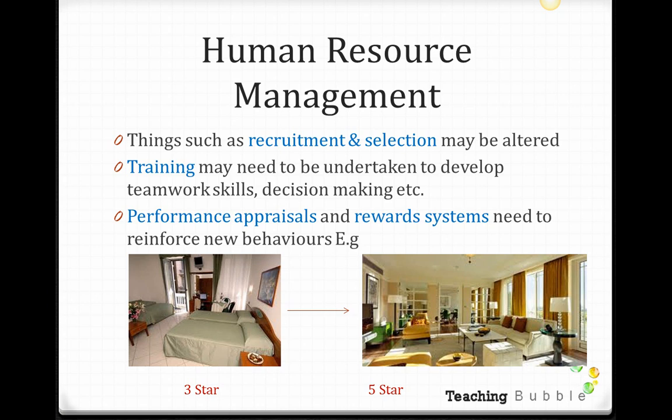Therefore, the skills they require are going to change. Therefore, the training you provide is going to change. And because the changes organisations make are normally to improve the organisation, their expectations possibly go up, and therefore how you reward your employees and how the performance appraisals take place is all going to change. So it really impacts human resource management majorly.